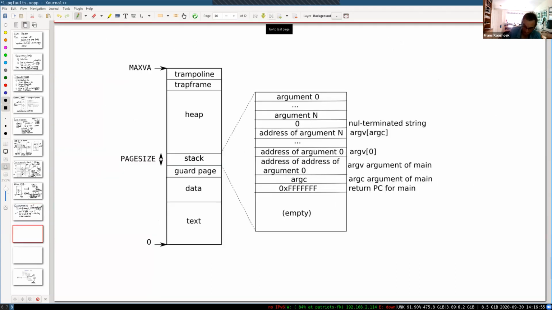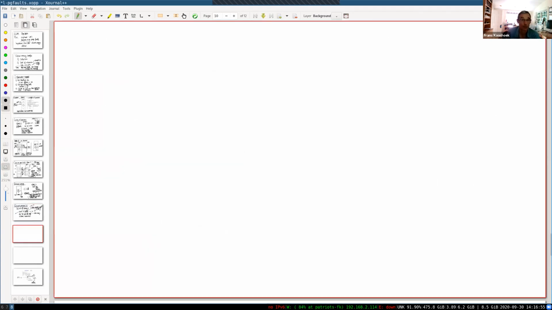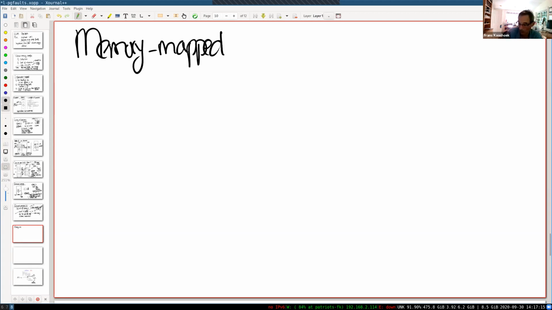Okay, so I want to talk about one more, and that's the last one, which you will also be implementing in one of the labs, and that is memory mapped files.